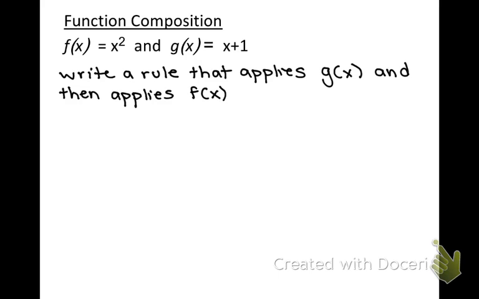And you guys have actually already been doing this. We just haven't given it the fancy name function composition. But as you've been evaluating functions, you have been plugging one into the other.